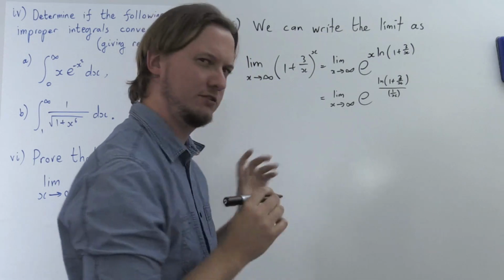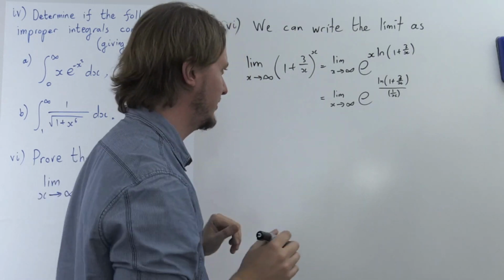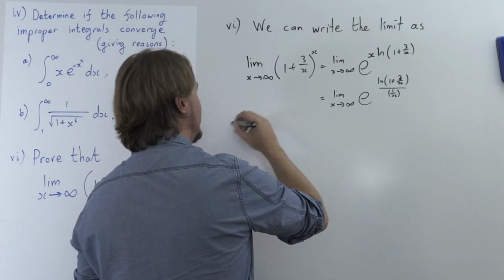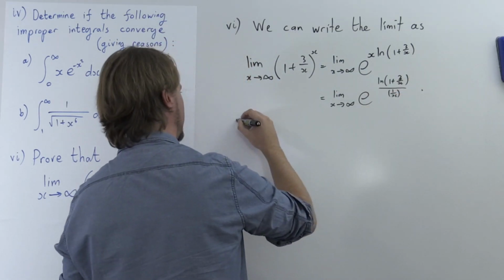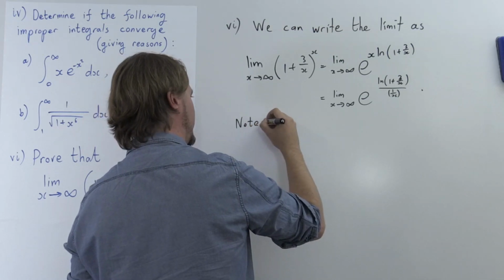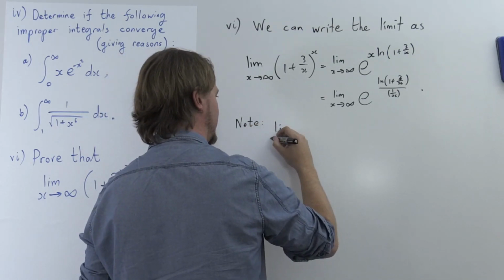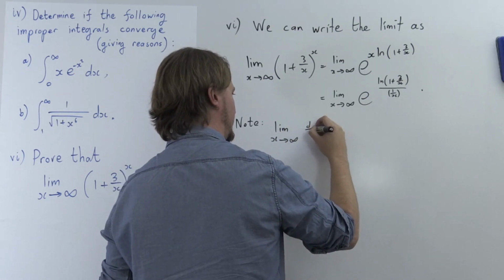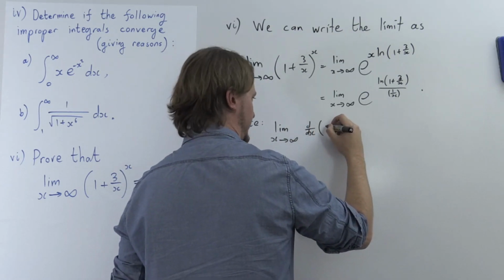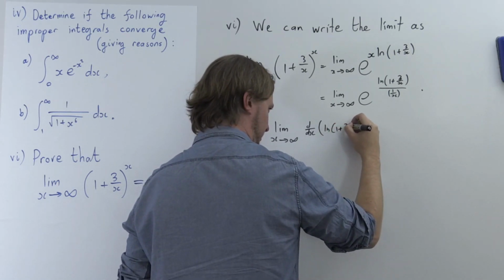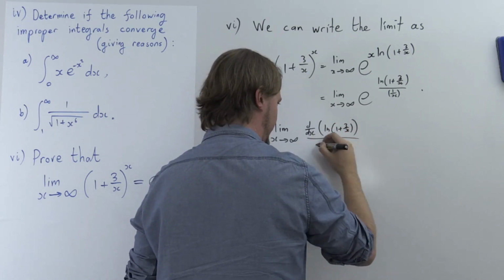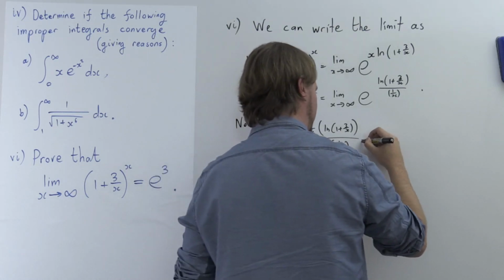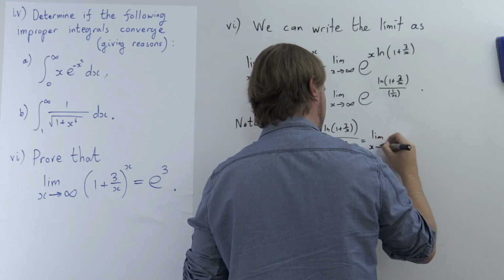So let's check that, because L'Hopital's rule wants me to verify first that the limit exists before I actually use it. So we write that, and note the following: the limit as x goes to infinity of the derivative of log (1 plus 3 over x) over the derivative of 1 over x is the same calculation.